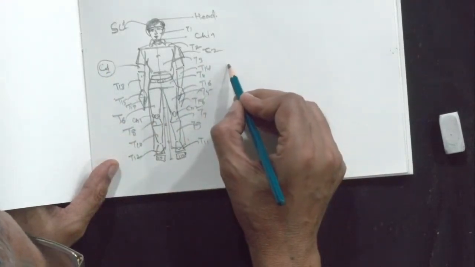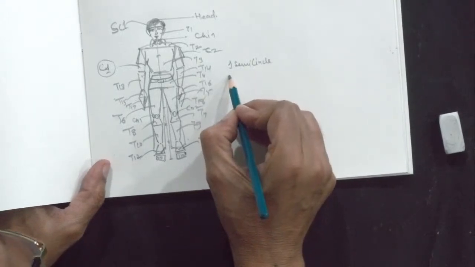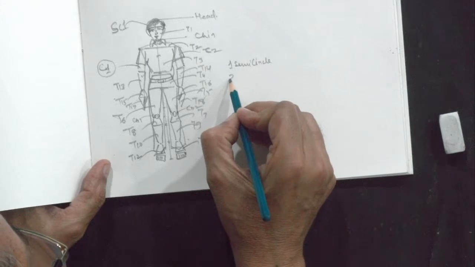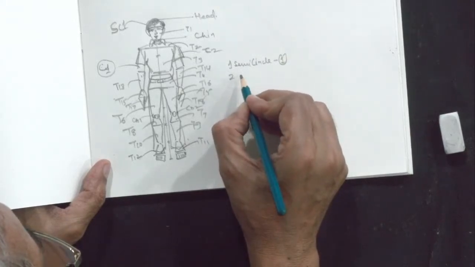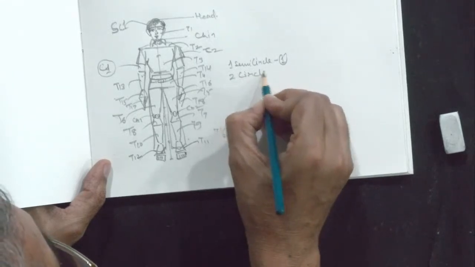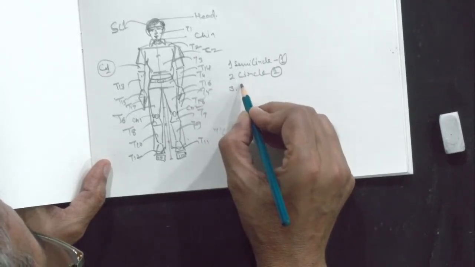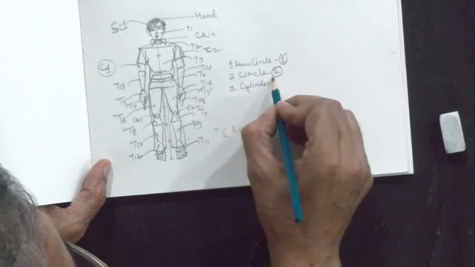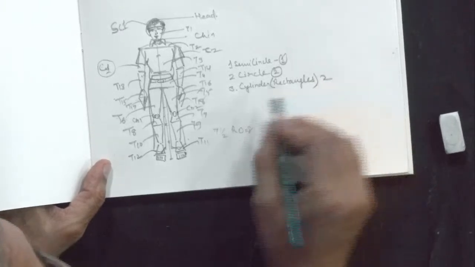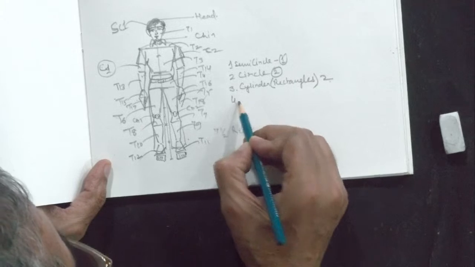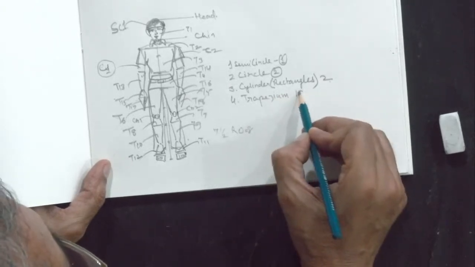So we have got one semicircle, two circles, two cylinders, what I was initially calling rectangles, 2 instead of 4, because trapezium have increased from 16 to 18.